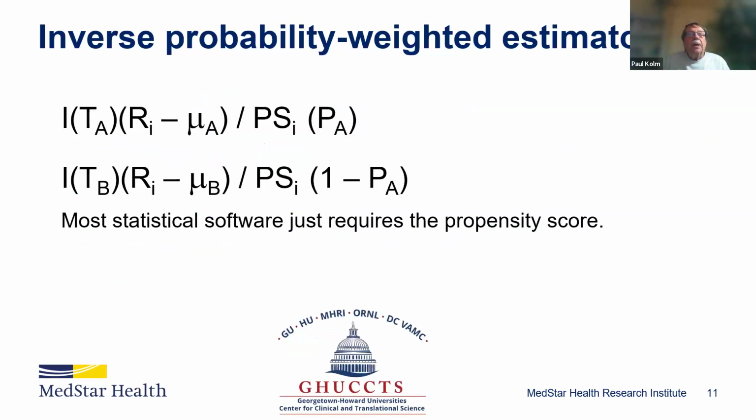And then for the patients in group A and the patients in group B, we're going to have a propensity score in a sense, but it's the inverse of the propensity score. And so in this case, we can use everybody in the patient sample, because everybody's going to have an IPW. I just make a note here that if you just calculate the propensity score, that's all you need to do with most statistical software, because they'll do the inverse probability weighting.